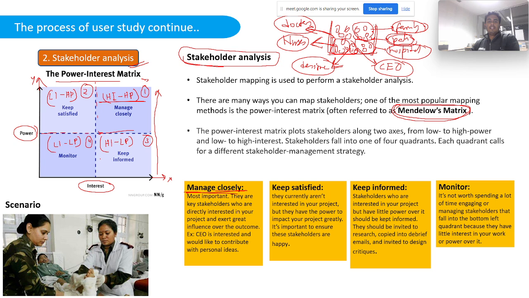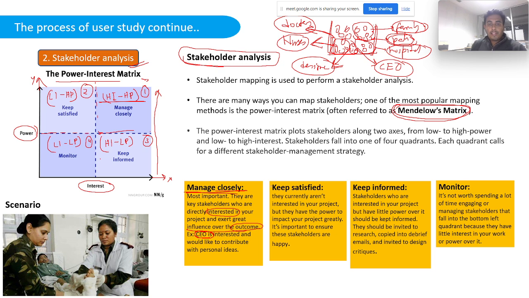That means these are the key stakeholders who are directly interested in your project and exert great influence over the outcome. So they have power to change the outcome, and also they are highly interested. Such people can be either the CEO of the company for whom you are doing a particular design work, or a doctor who has requested you to design something.